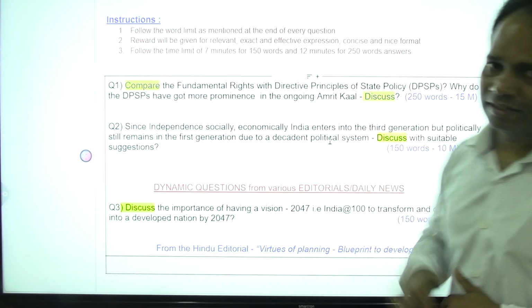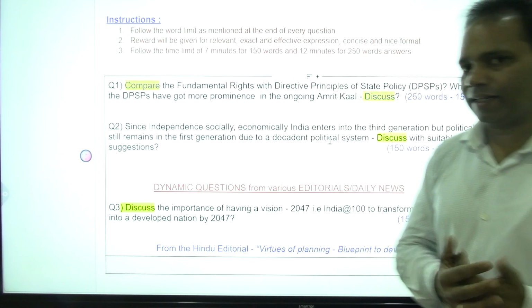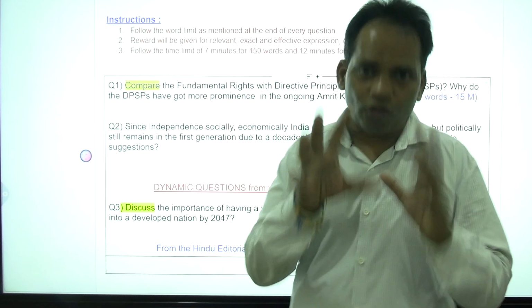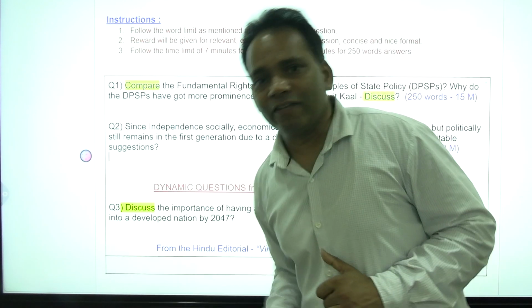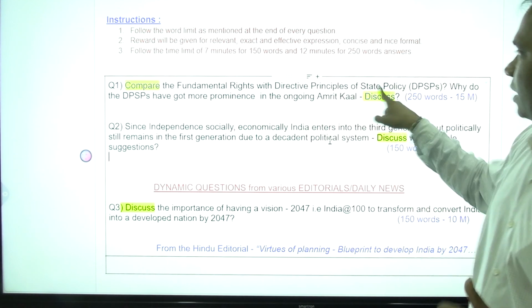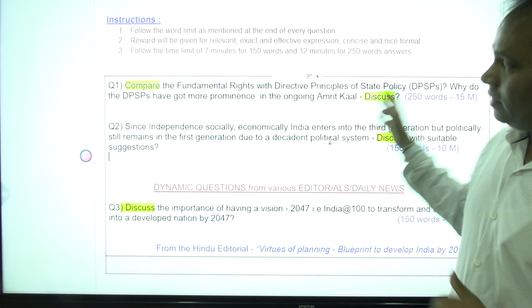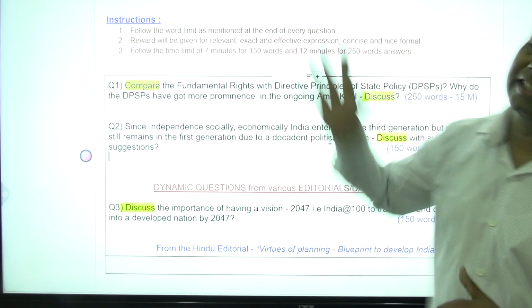Another important thing is limiting words, I will tell you later. So these 5 components: keywords, question tags, limiting words, and another important thing, subparts of the question. There are 2 subparts in each question. That is also important. In these 5 components, you should identify each and every question.